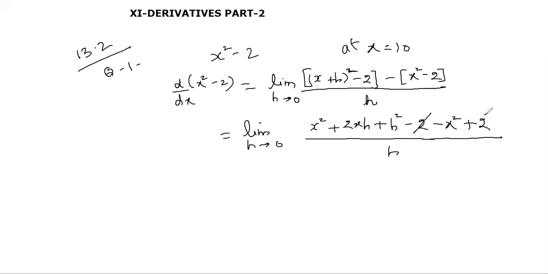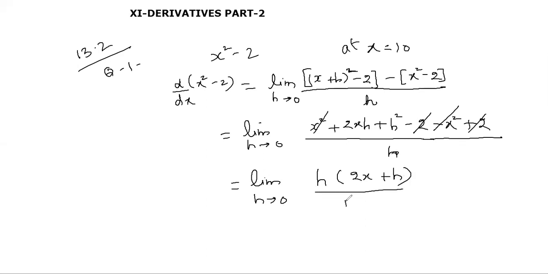This minus 2 and plus 2 cancelled, and minus x square plus x square also cancelled. So limit h tending to 0, h is common. So 2x plus h is left divided by h, so h and h cancelled out.